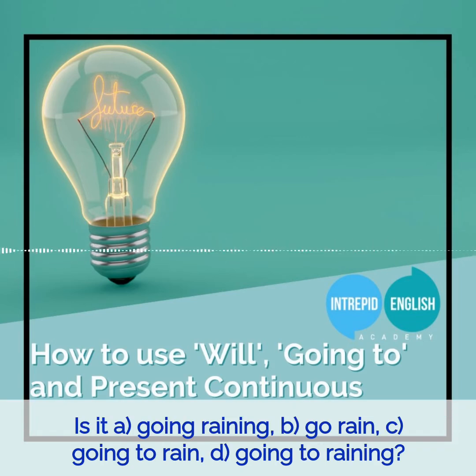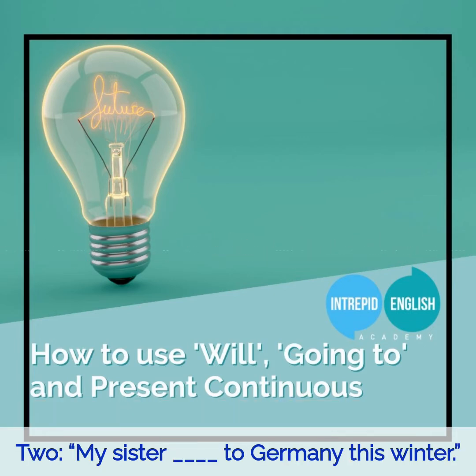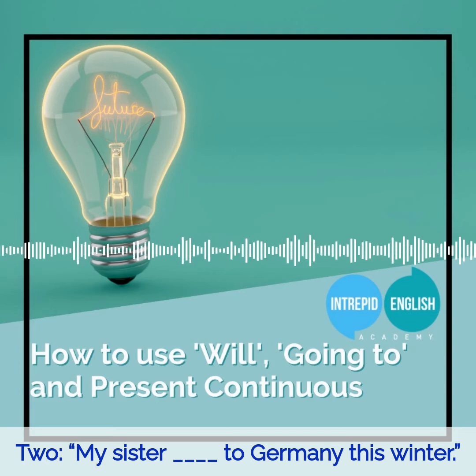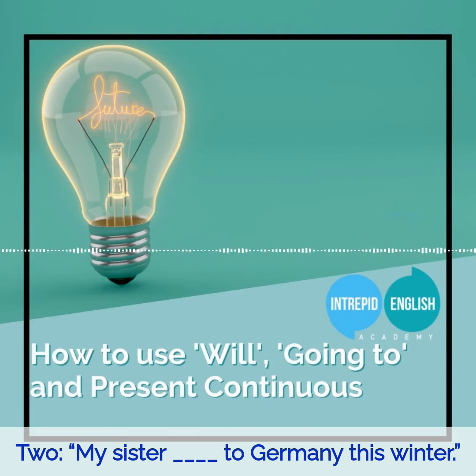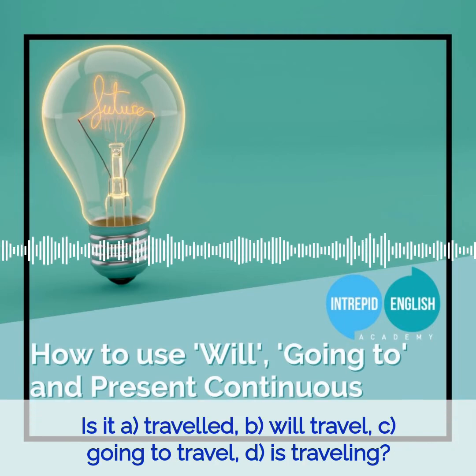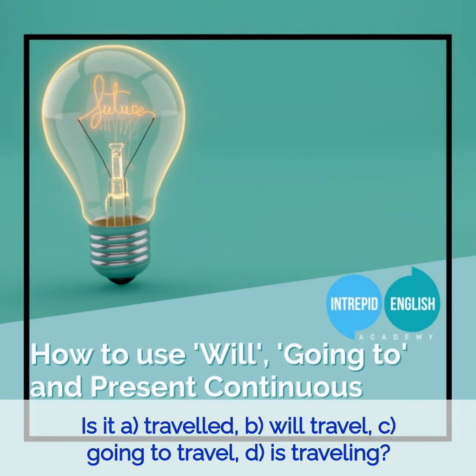Is it A, going raining, B, go rain, C, going to rain, D, going to raining? 2. My sister blank to Germany this winter. Is it A, traveled, B, will travel, C, going to travel, D, is traveling?